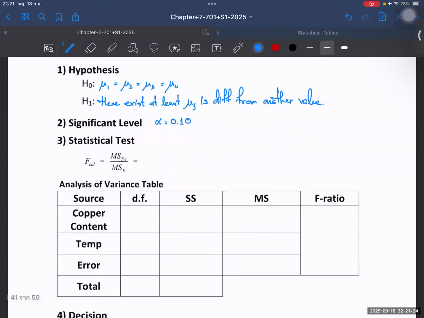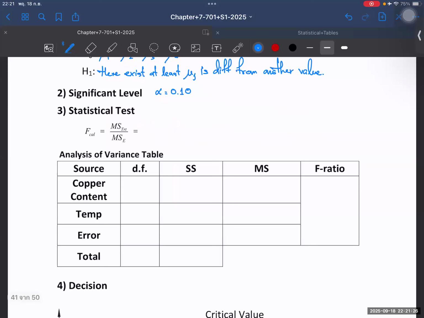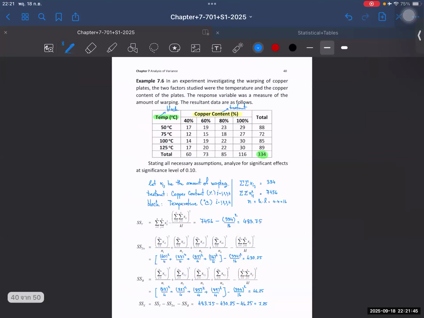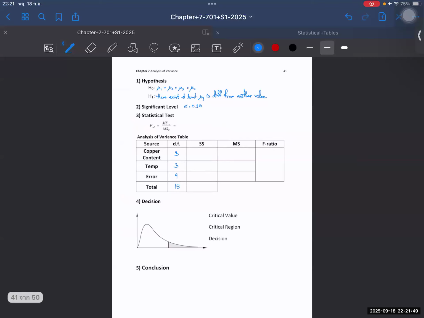Okay, now we have to see the copper content is 4 minus 1 is 3, the temperature is 3, again the error is 3 times 3 is 9. So 3 plus 3 is 6, 6 plus 9 is 15. So by the sum square of the treatment right now, we go back to C. Okay.